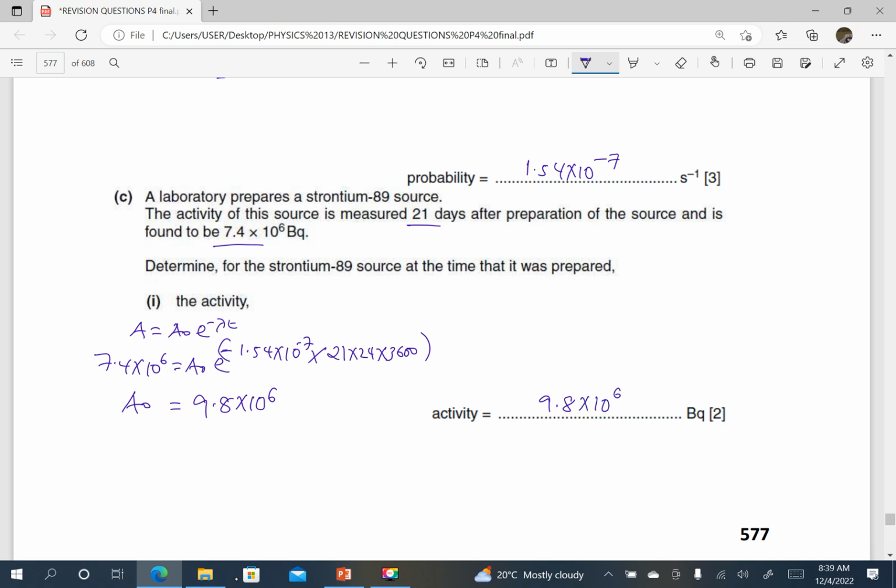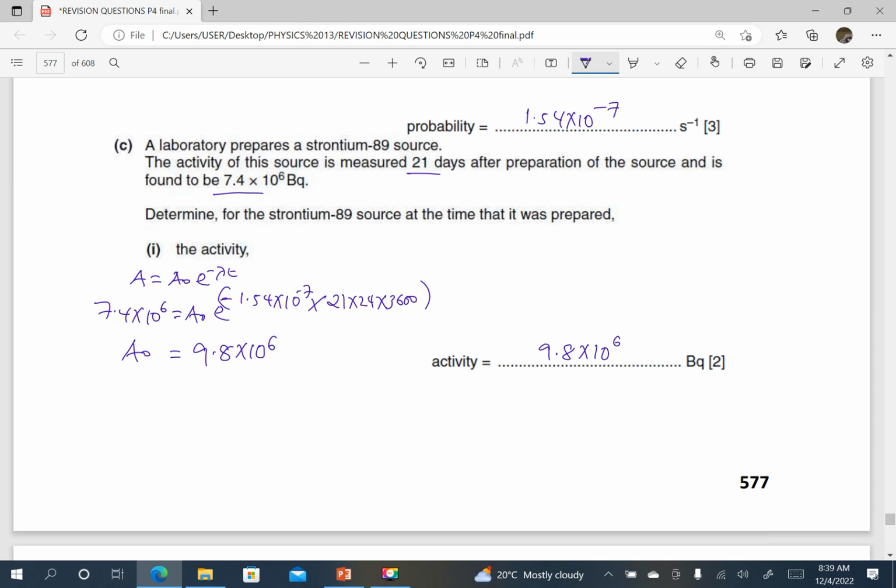But like I said, there's another simpler method, which is activity present is equal to a half power n times the original activity A naught. We have A, we can just find n. We know n is the number of half-lives, which is t over t1/2. The time is 21 days.